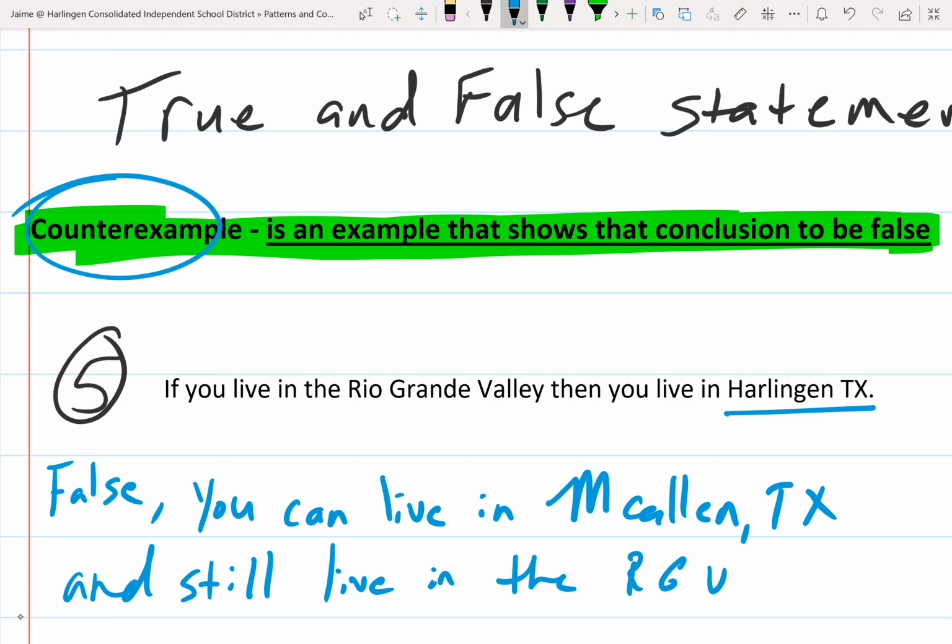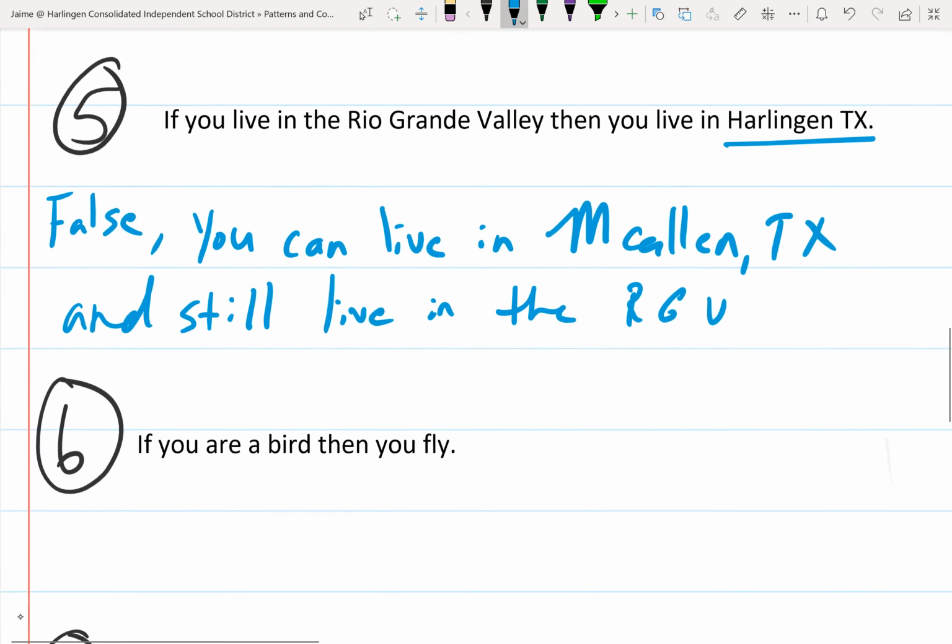Or you can live in Mercedes or Weslaco or Donna or whatever, and still live in the Rio Grande Valley. So if it says if you live in the Rio Grande Valley, then you live in Harlingen, well, technically, if you live in Harlingen, you do live in the Rio Grande Valley. But you can live other places too. That's why number 5 is a false statement. And it says to give a counterexample to the false statements. Prove it wrong.